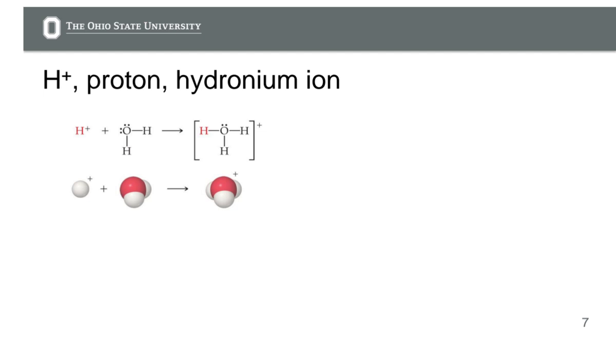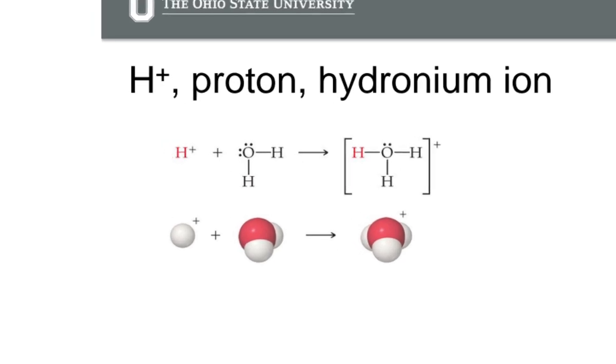Okay, so here's a little bit more about our structures of what we're calling proton and hydronium ion. You can use these interchangeably. If we're reacting an acid with water, you need to use the hydronium ion, not just H+. Okay.